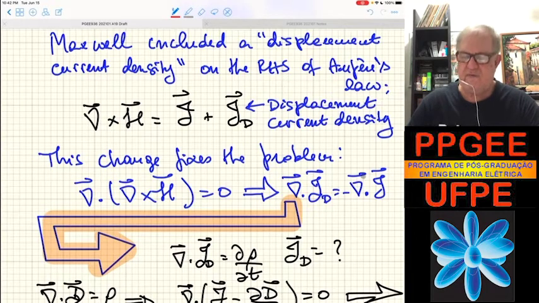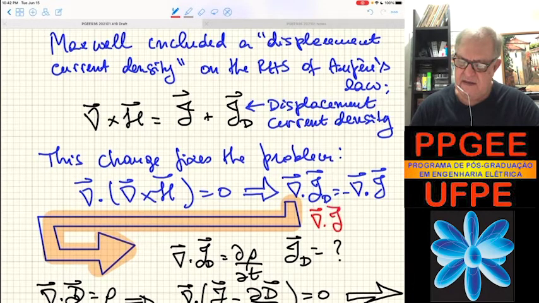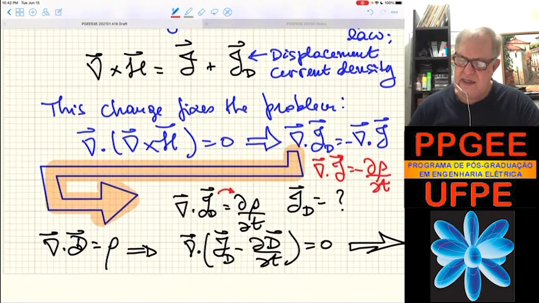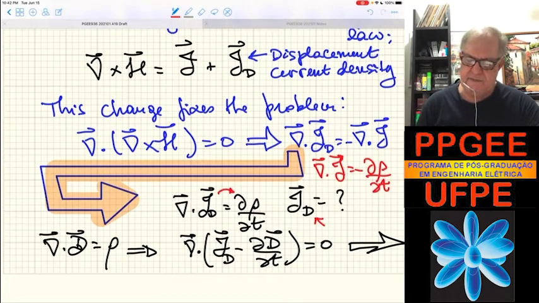Okay? So if we use the continuity equation, recall that the divergence of J equals minus d rho dt. So it means that the divergence of JD equals plus d rho dt. So what is JD in this case, right?